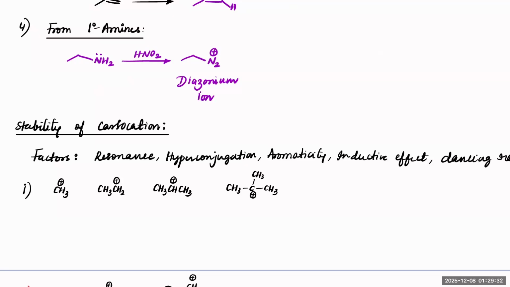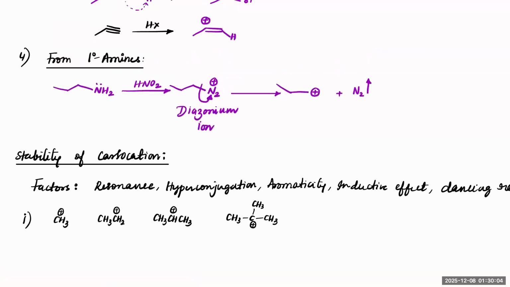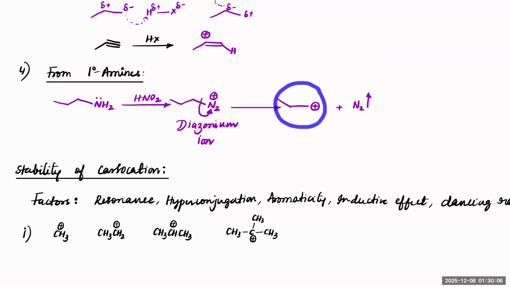And diazonium ion is very unstable form, so it will immediately break into this part where nitrogen gas is coming out, and then we will get a carbocation here like this. I'll do one thing, I'll add one more methyl group just to showcase that this is propane form like this. So we'll get this propyl carbocation, clear, plus N2 gas. N2 will evaporate as N2 gas, giving this intermediate, which is a carbocation.